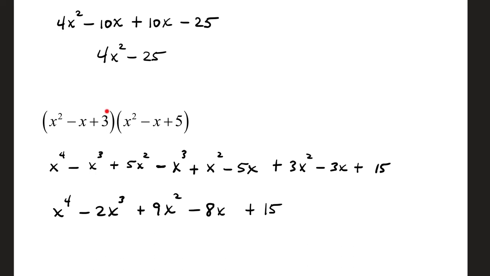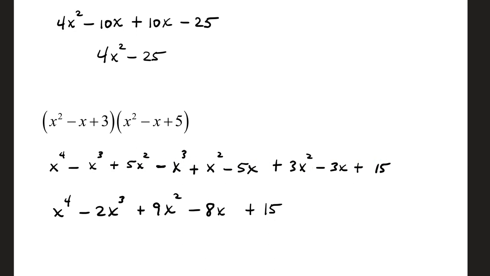Finally, move to your 3 times x squared, 3 times negative x, 3 times 5, and lo and behold, we have 9 terms total. 3 terms times 3 other terms gives you a list of 9 terms.